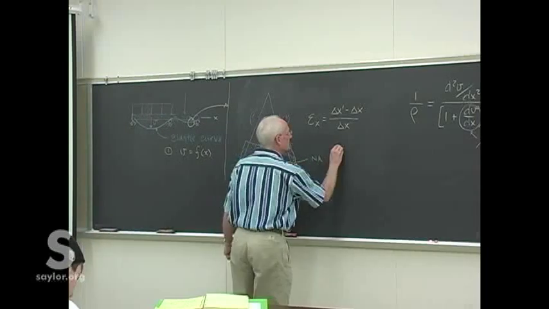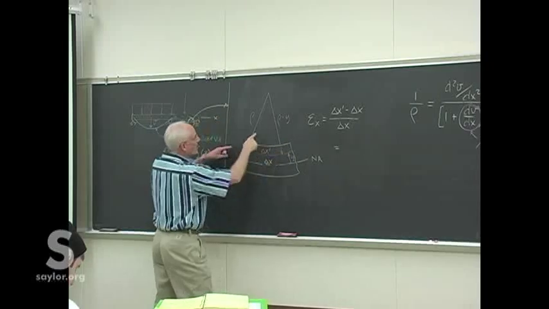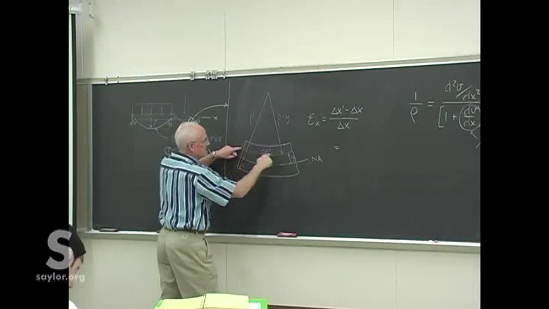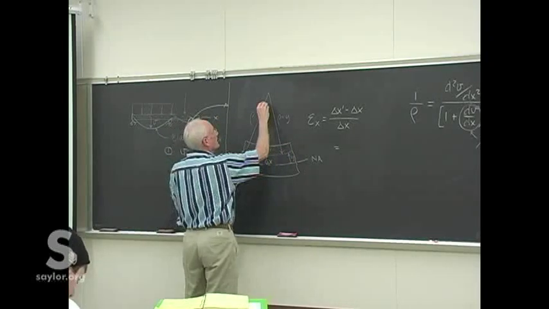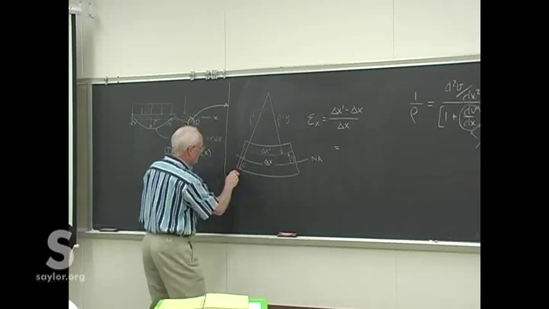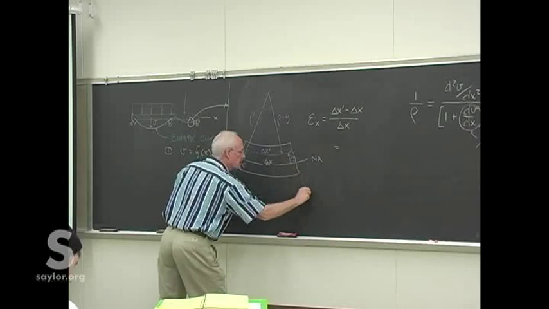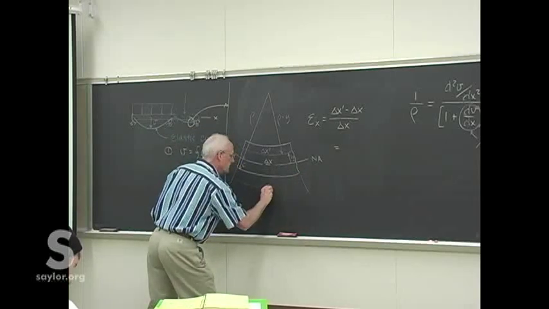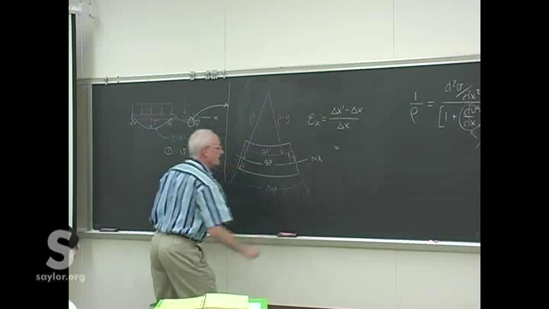And then we can set these up as arc lengths. So the arc length of delta x prime, by the way, we have an angle here of delta theta.